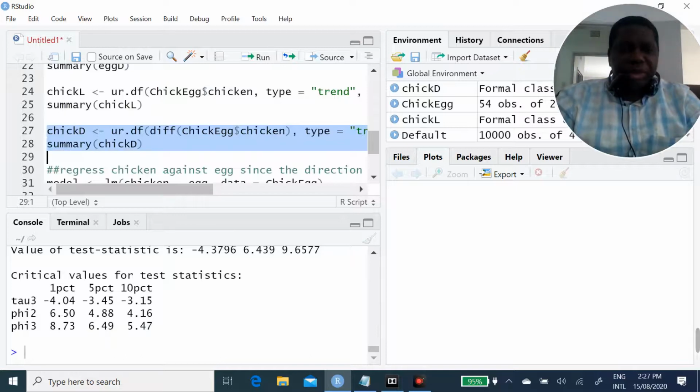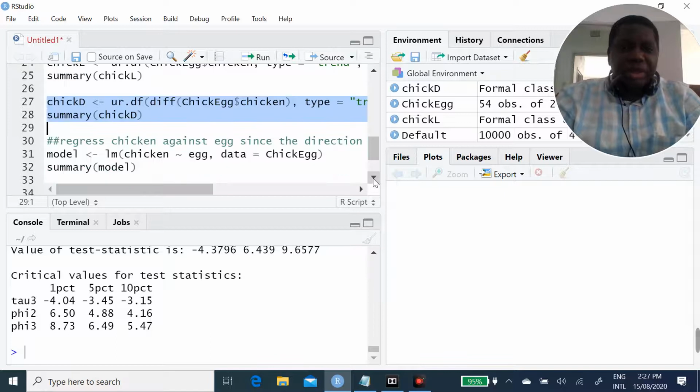So after first difference it is minus 4.38, so it's stationary after first difference. So we now discover that both egg and chicken are integrated of order 1. And since we achieve that, then we can actually proceed to test for cointegration.